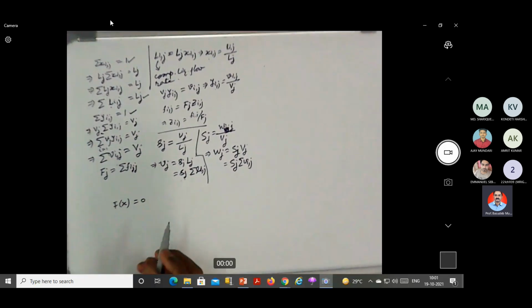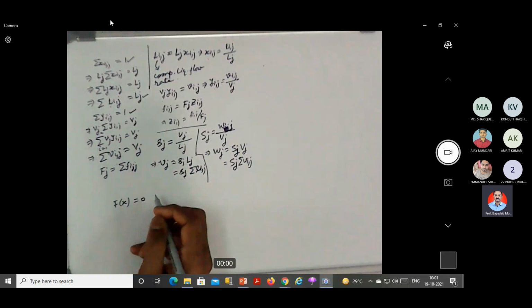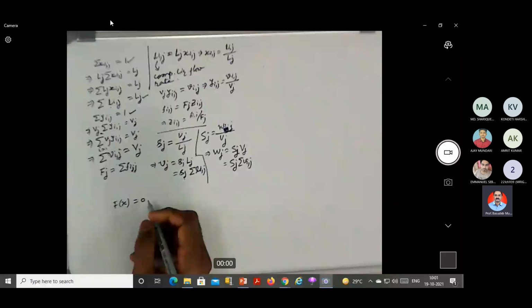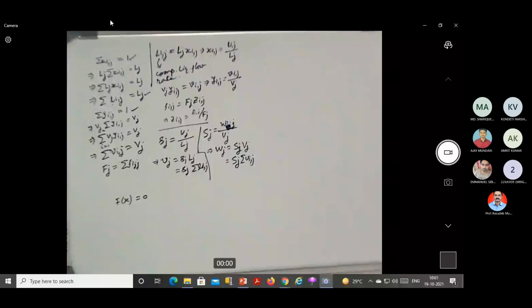If it is a nonlinear equation, you use an iterative method. The Newton-Raphson method is based on Taylor's expansion, limited up to first order, so only linear terms are considered.